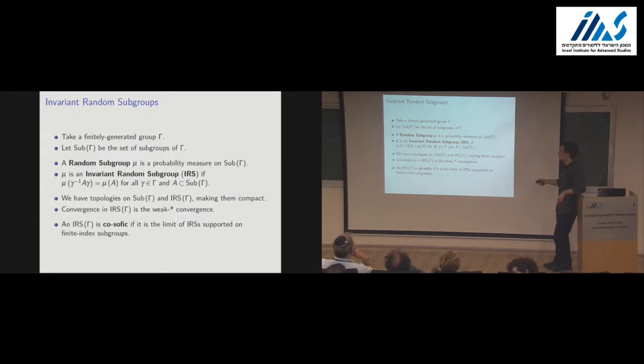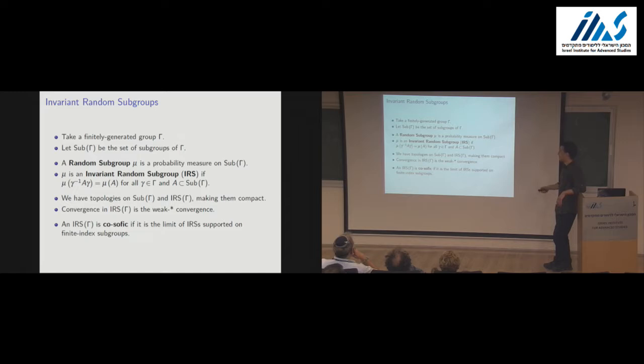So this is a random subgroup which is not affected by conjugation. And those spaces have topologies, and they are compact. Convergence in IRS gamma is the weak star convergence, or some people call it the weak convergence.